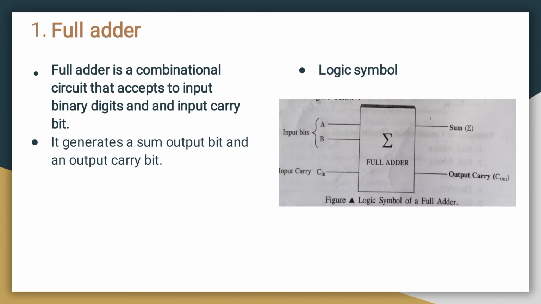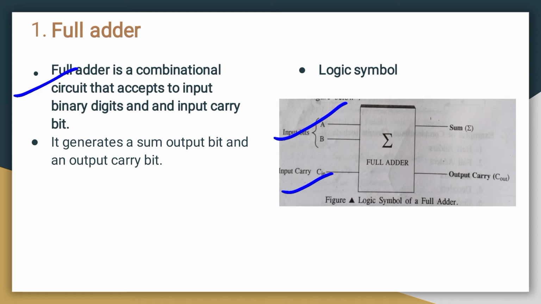So next one, full adder. A full adder is a combinational circuit that accepts two input binary digits and an input carry bit. So here we are going to accept two inputs and one more input, that is the carry bit.